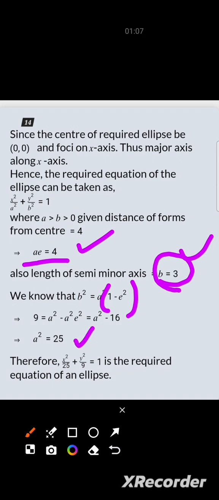Please check the calculation. Then we'll be getting the equation as x square by 25, that is the square of a, and the square of b is 9. So plus y square by 9 is equal to 1. So therefore the required equation is this one, x square by 25 plus y square by 9 is equal to 1.